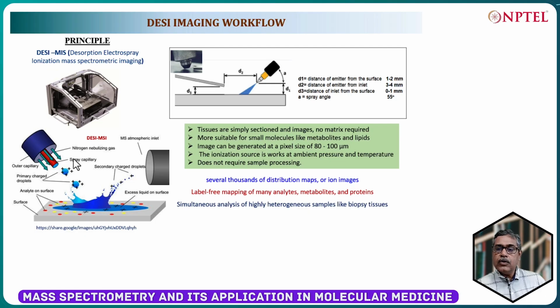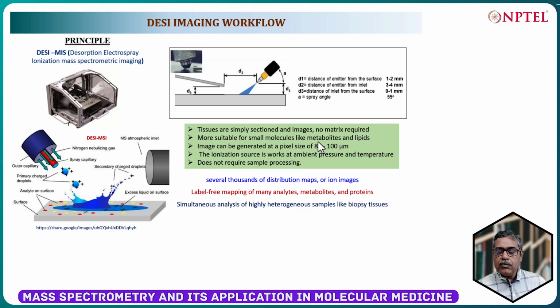Okay. So, the key points about this technique are, here tissues are simply sectioned and imaged basically. No matrix is required for this technique. Like we discussed in the previous class, in MALDI mass spectrometry based imaging, we had to lay the matrix through spraying, but this is not required here.